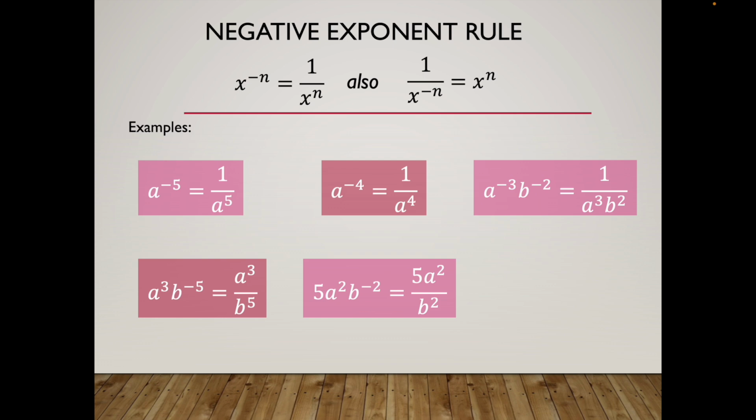Now, technically, they are all over 1 as a fraction, so I'm going to keep the 1 in the numerator position, and I'm going to move the a and the b to the denominator, and their exponents become positive in this way. And for my last example, I have a negative exponent on the top and a negative exponent on the bottom. So all I'm going to be doing is changing the position of both the x and the y, where now the y becomes a positive 3 exponent on the top, and the x becomes a positive 2 exponent on the bottom.